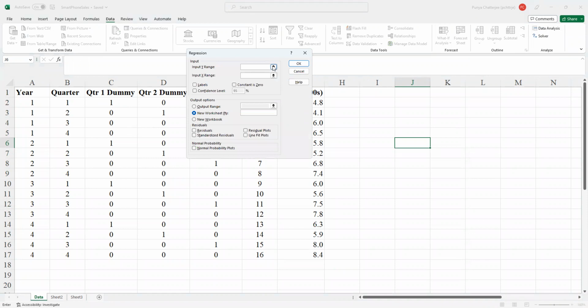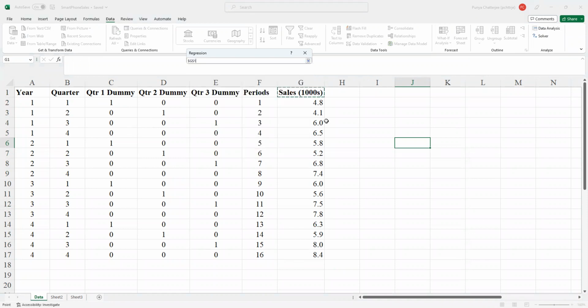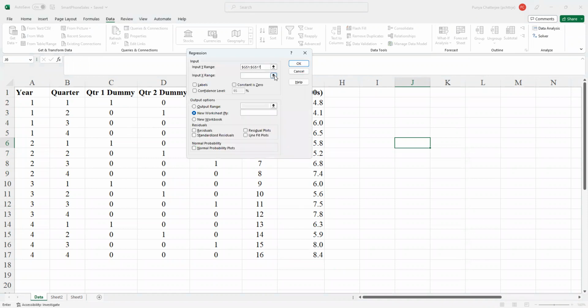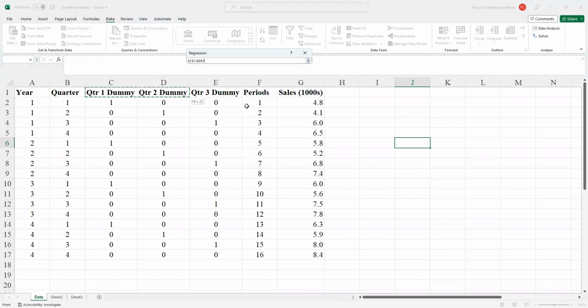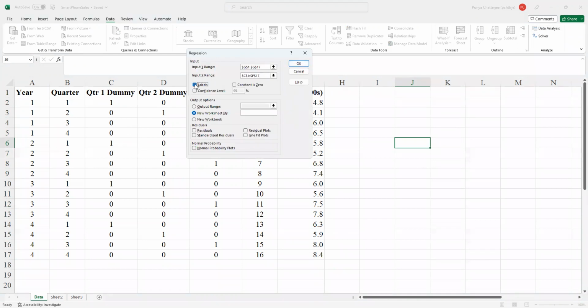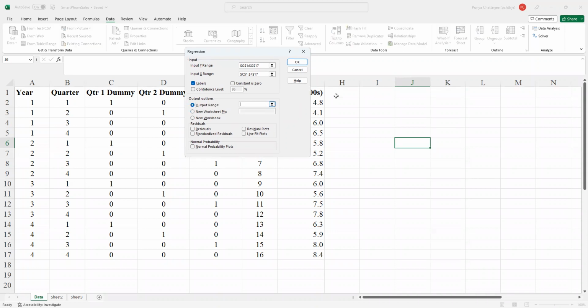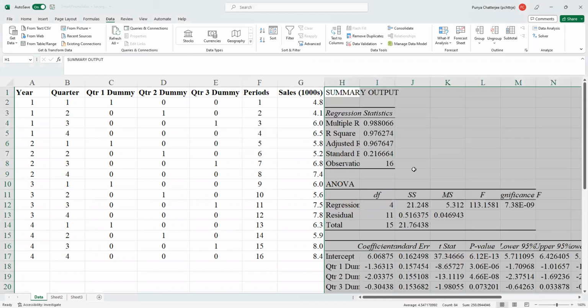My y is going to be sales and my x is all 3 dummies as well as periods. I included labels, and I'm going to put the output up here.